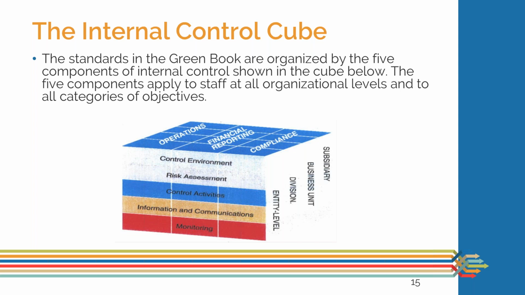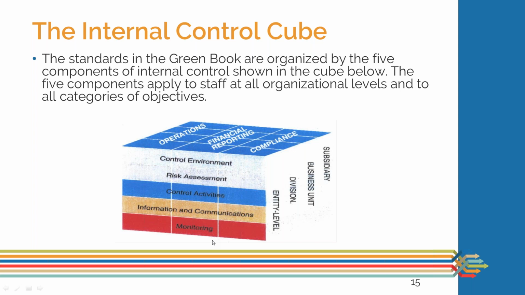On the top of the cube, you have your objectives for internal control, and there are 3 objectives: your operations, financial reporting, and compliance. Those intertwine with your 5 components of internal control, which is on the side: control environment, risk assessment, control activities, information and communication, and monitoring.